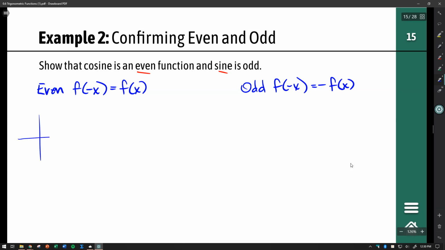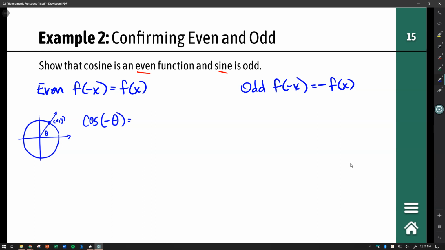So let's start with cosine. We think about our unit circle again. Let's try that circle one more time. And there's a circle. Let's say we look at some angle theta. Here is our angle, and for that angle, here is a point x comma y that intersects the circle. Now we want to plug in negative theta into the cosine function.